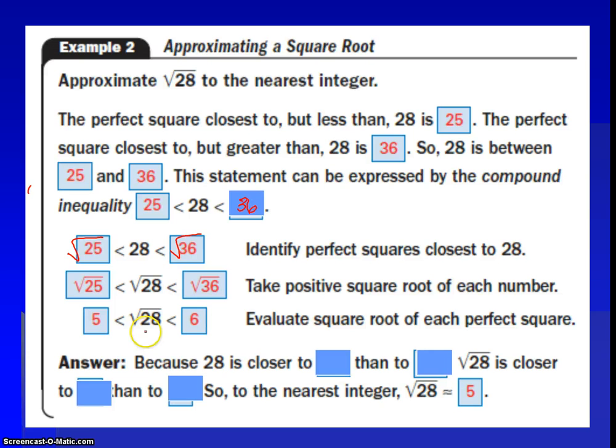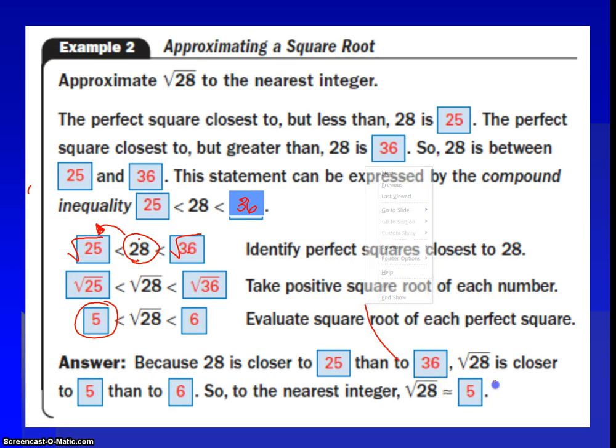So the square root of 28 falls between 5 and 6. Now, I would say that 28 is closer to 25 than it is to 36, so I would approximate to 5. That's what they're saying down here. So I would say that the square root of 28 is approximately 5.